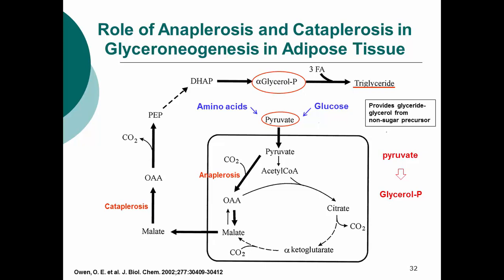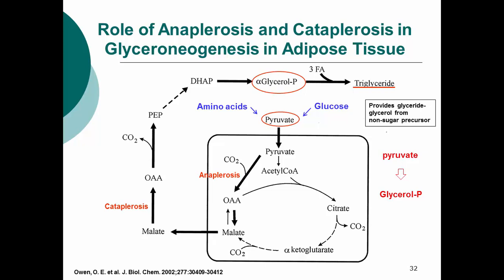Sorry, this is not what I'm trying to say. So glyceroneogenesis means, remember, when we synthesize triglycerides, we need a glycerol backbone, right? So for the glycerol backbone, I think we mentioned before, in the adipose tissue, glucose goes through glycolysis, right? So glucose can be metabolized to generate glycerol phosphate, right?